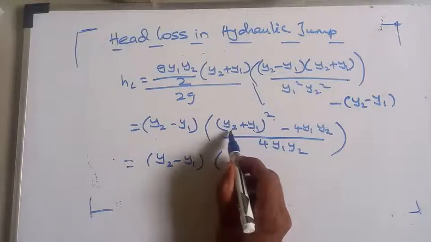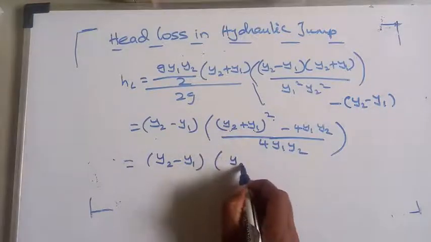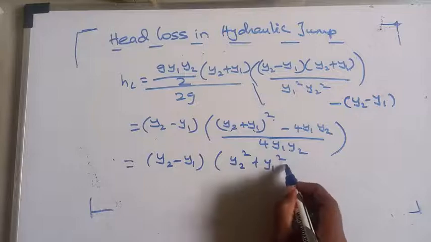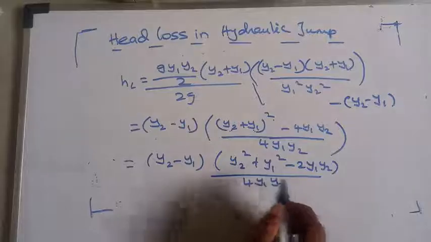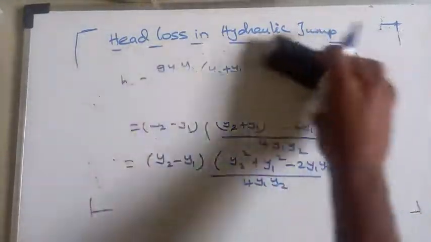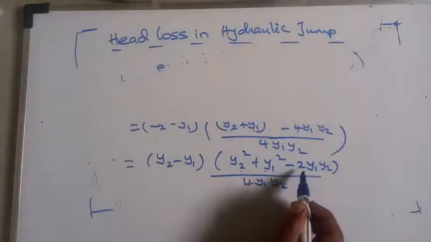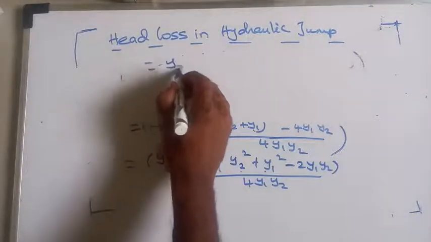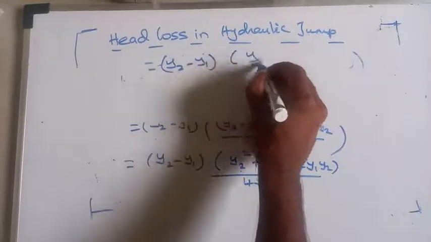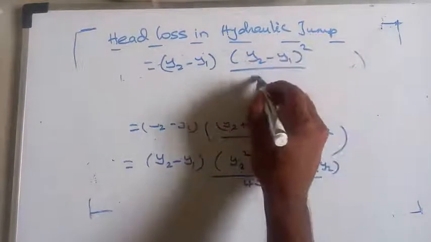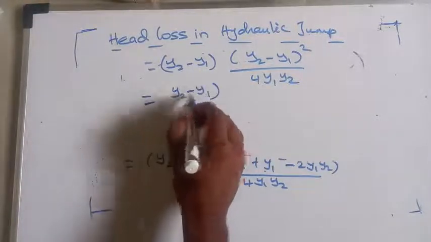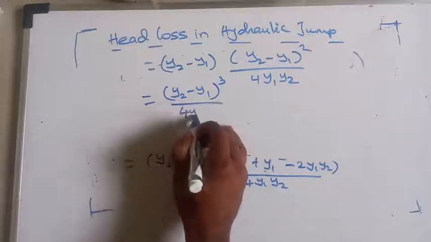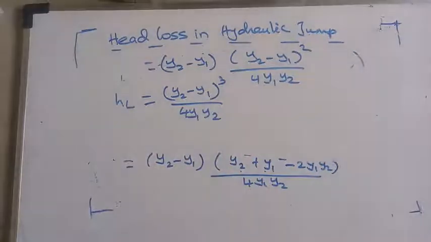If I write it as a square plus b square plus 2ab, and solve, y1 y2 square plus y1 square minus 2y1 y2 divided by 4 y1 y2, this form is as a minus b the whole square form. So I am writing y2 minus y1 into y2 minus y1 the whole square divided by 4 y1 y2. So this will become y2 minus y1 whole cube divided by 4 into y1 y2. This is the head loss in a hydraulic jump.